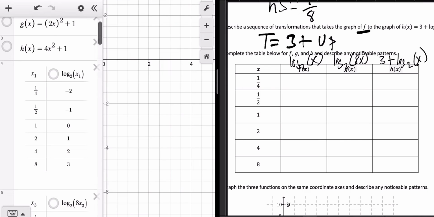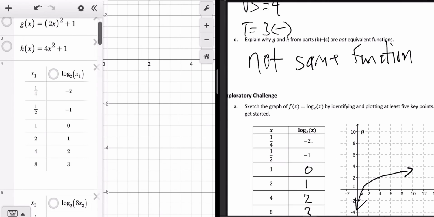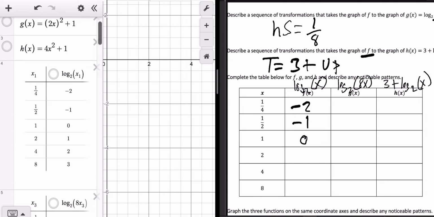Now, we're going to want to do this. We've already got these. I'm going to go ahead and write these in over here. They're on our graph already there on Desmos. 0, 1, and 2, 1.